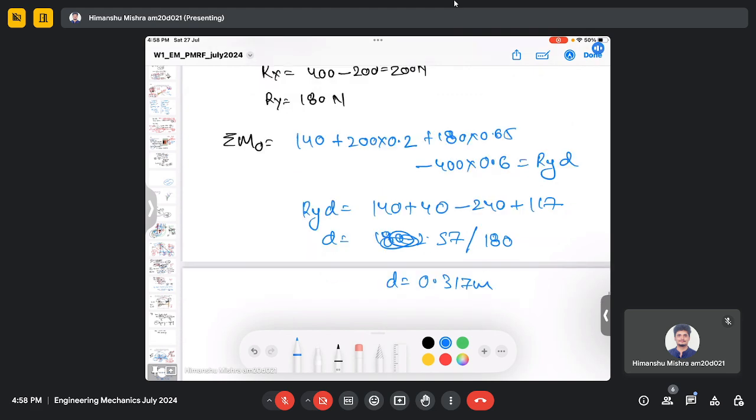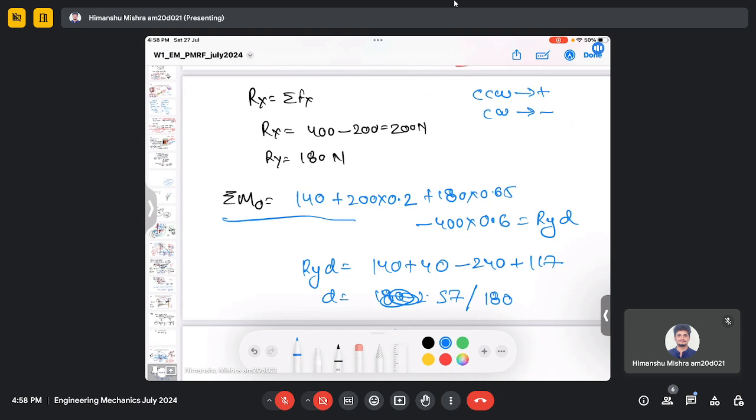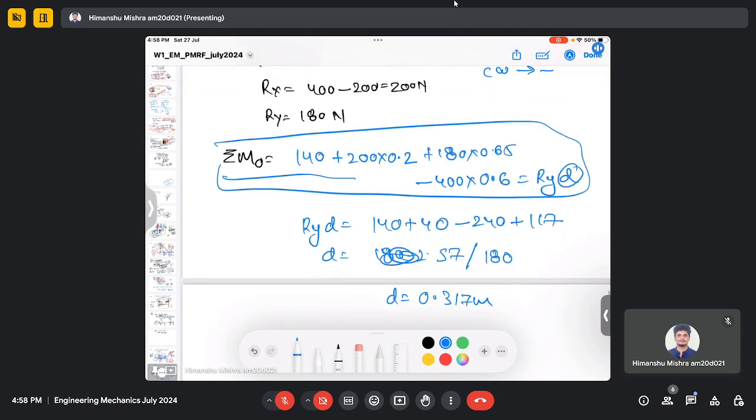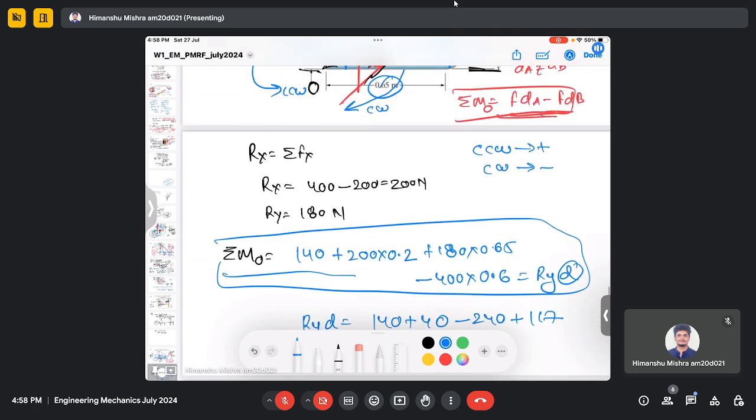So you can see that we use the moment, Varignon's theorem, to calculate the unknown quantity d. First we use the summation of force equation, Rx equal to the summation of force in the x direction and Ry equal to the summation of force in the y direction. We use these two equations to calculate the forces Rx and Ry.